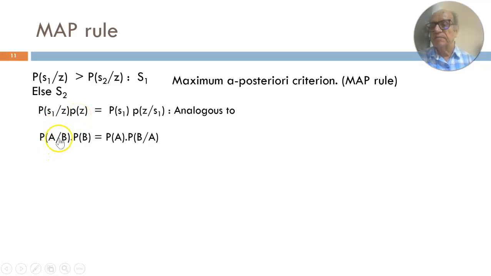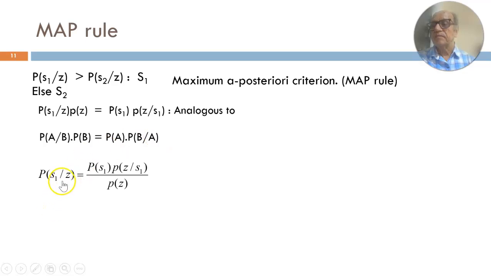By looking at this, by analogy, we write down the mixed form of Bayes theorem. So that is P(S1/Z) P(Z) is equal to P(S1) P(Z/S1), analogous to P(A/B) P(B) is equal to P(A) P(B/A).